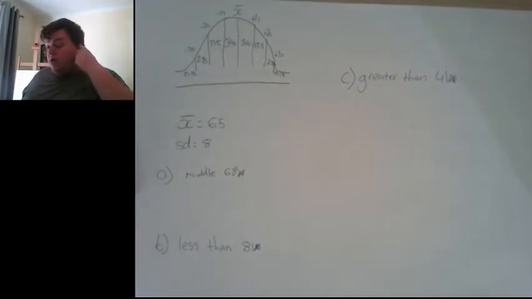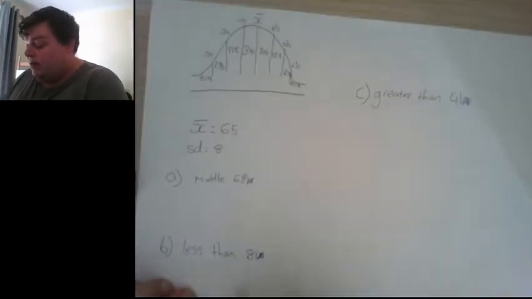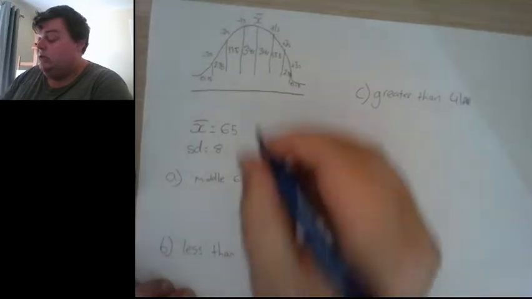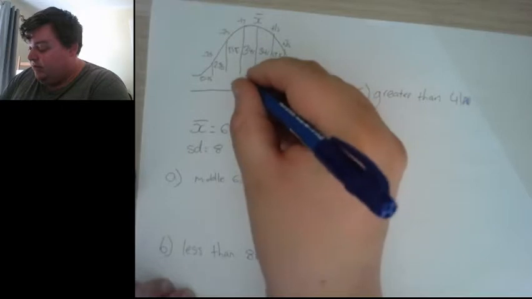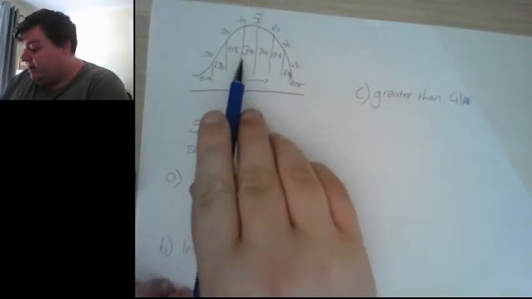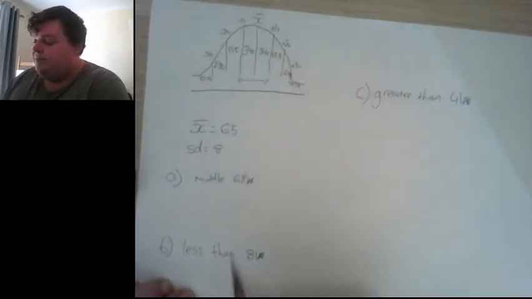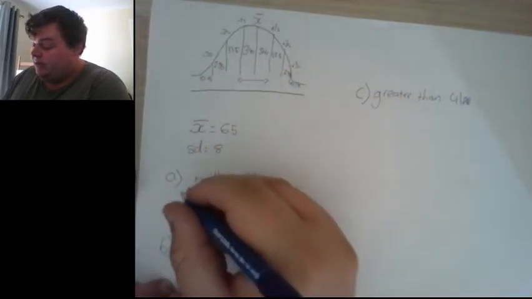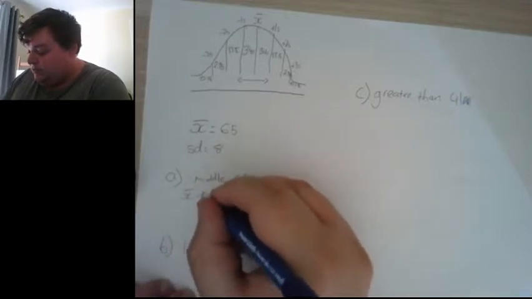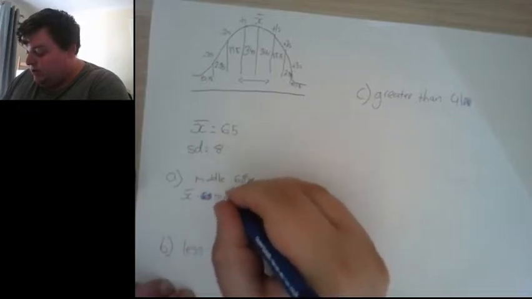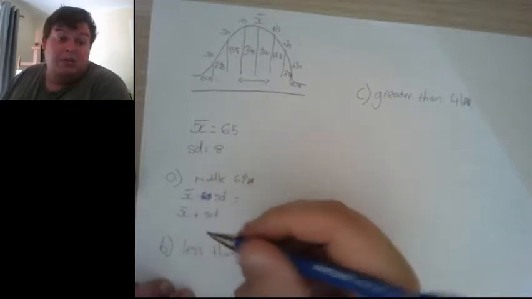Okay. So if I'm looking for the middle 68% of the data, I know from the work that we've done in class that the 68% of the data lies between 1 standard deviation either side of the mean, and I can see that by adding 34 and 34 together. So that's that middle 68%. If I'm looking for the range, it's 1 standard deviation less and 1 standard deviation above, and it will lie somewhere within that range.